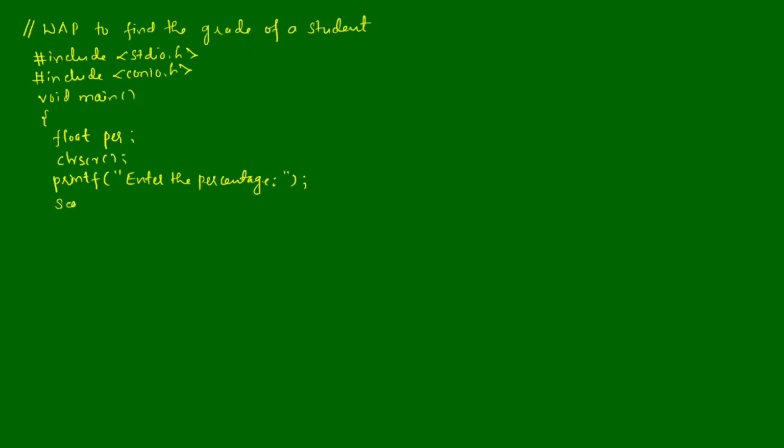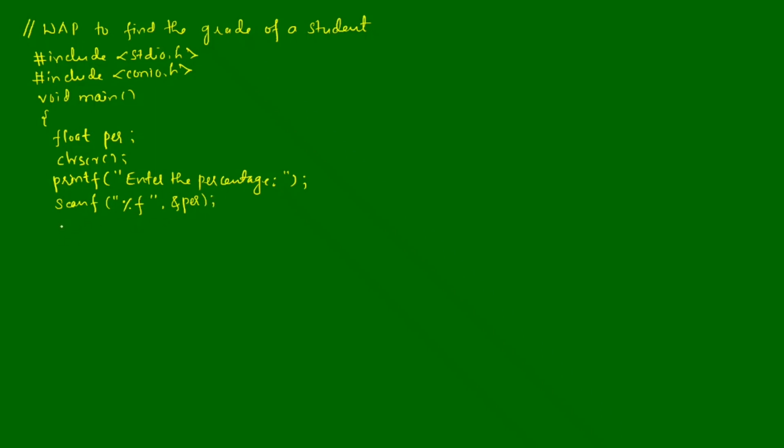And we are going to receive the value from the user through the keyboard using a scanf statement. Here we have floating point type of data, so we have to write the format specifier %f, end the double quotation mark, put a comma, ampersand of the variable name per, and put a semicolon.